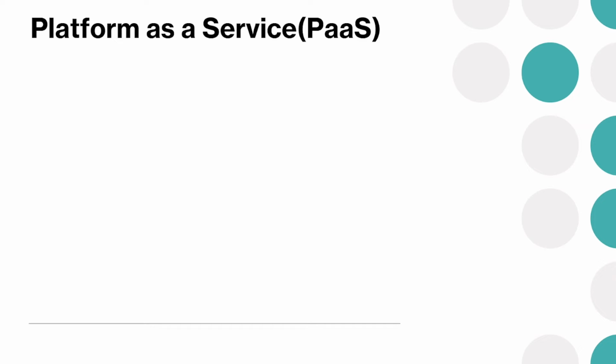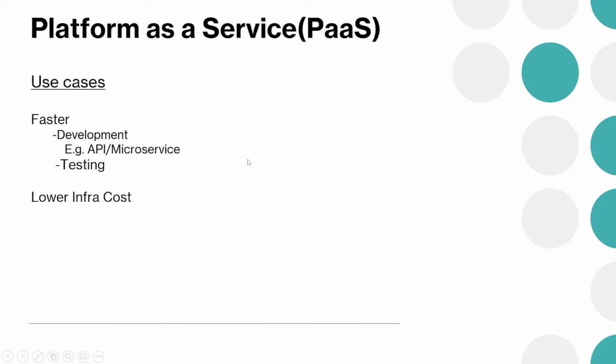That is where PaaS, platform as a service, comes in handy. For example, I want to do faster development, something like API development, microservices, and testing, and also high scale development, because setting up OS and middleware and other licenses is going to incur cost. So PaaS will reduce the infra cost.